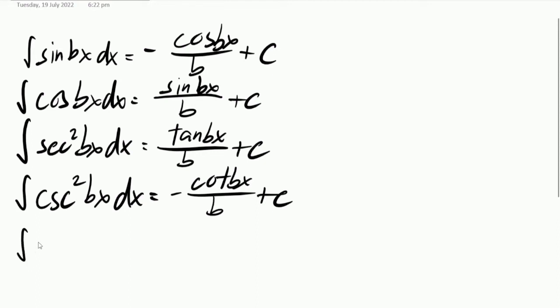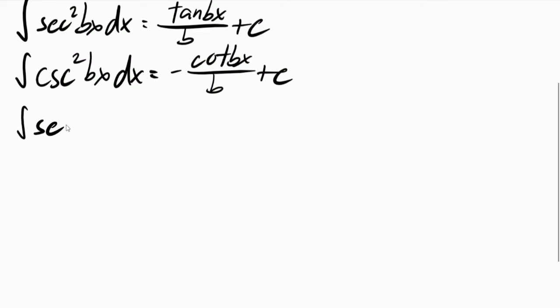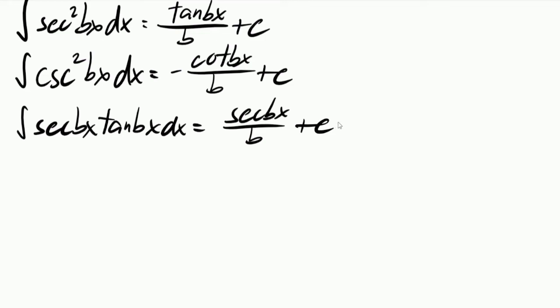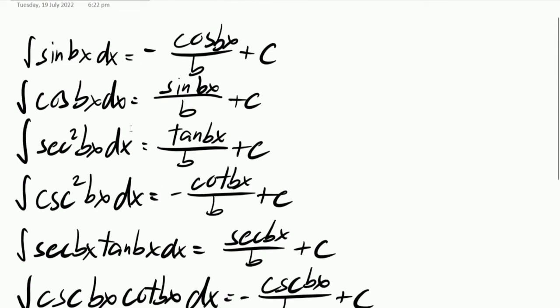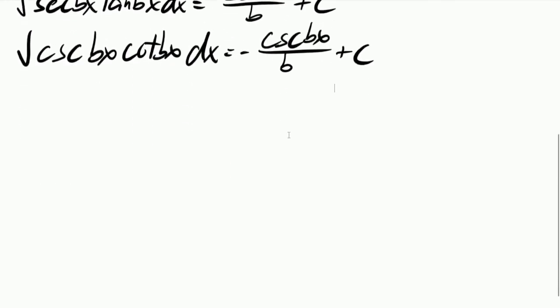Next is secant bx tangent bx dx, which is equal to secant bx over b plus c. And last is cosecant bx cotangent bx dx, which is equal to negative cosecant bx plus c. Now these are just the basic integrals of trigonometric functions.